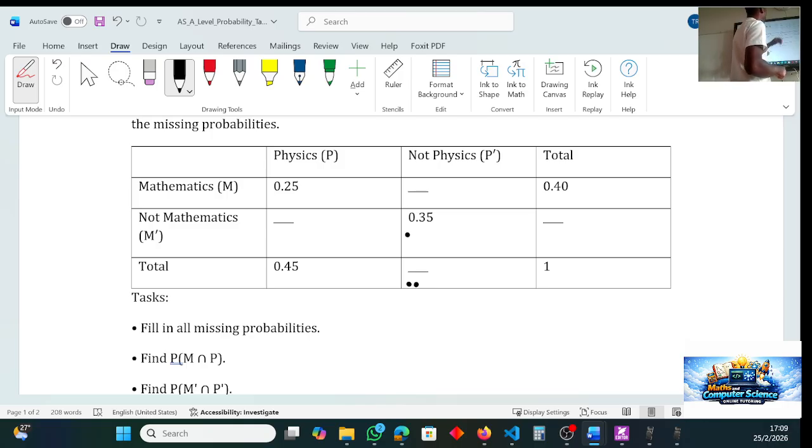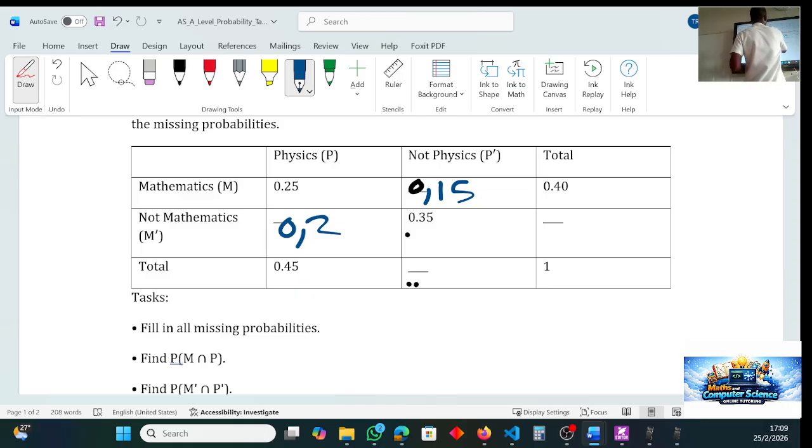I've got a total of 40 there, and I've got 0.25. If I look at the difference, this part is going to give me, let me change my color, 0.15. And here I'm going to get 0.2.